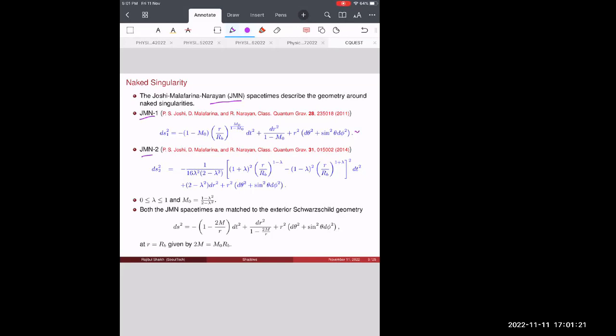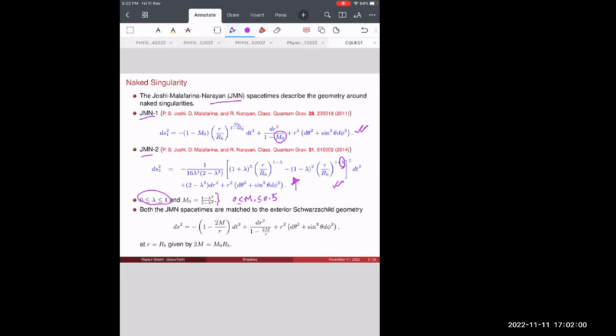JMN1 space-time is given by this, where M0 is a parameter, and JMN2 space-time is given by this, where this extra parameter is lambda. Lambda lies between 0 and 1, and this space-time can also be written in terms of M0 if we redefine lambda using this. For JMN2, M0 lies between 0 and 0.5. However, for JMN1, M0 lies between 0 and 1.